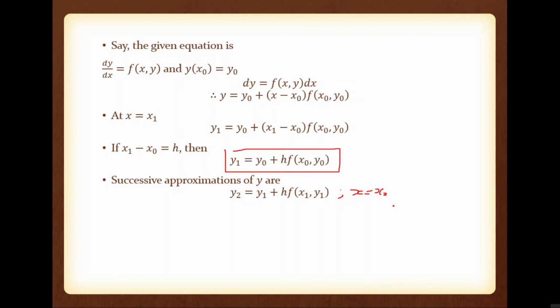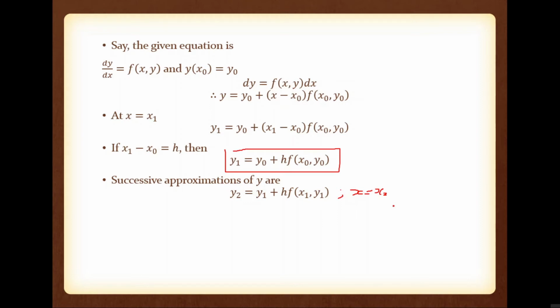So if you have a number of values of y of x, then by using interpolation method we can find y of x. Am I correct? So we can interpolate the function by using these successive values of y of x. That one is given by Euler's method.